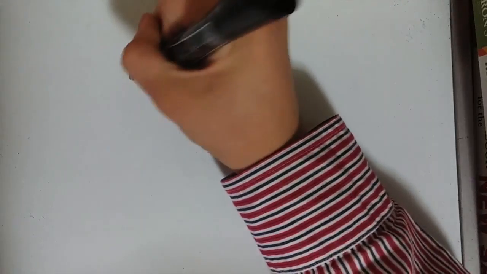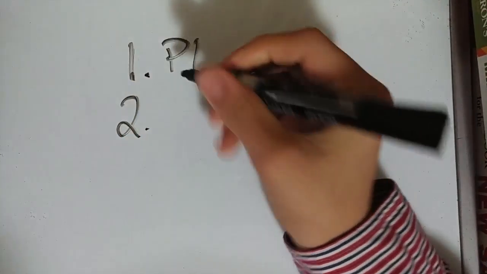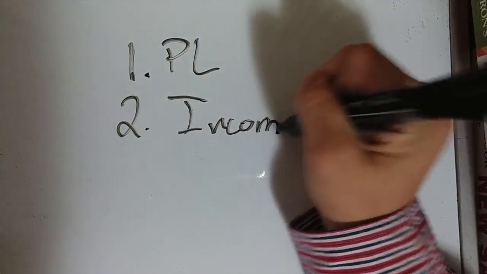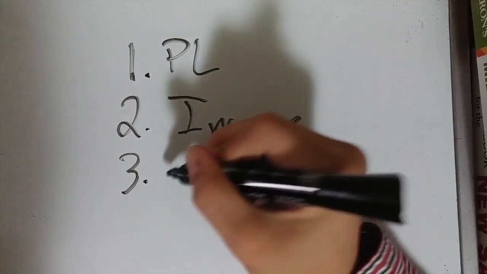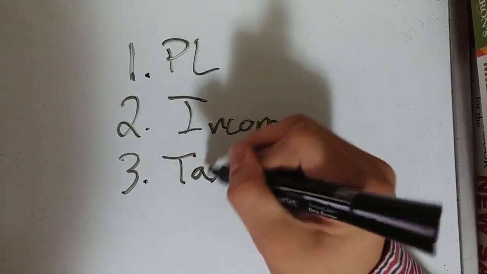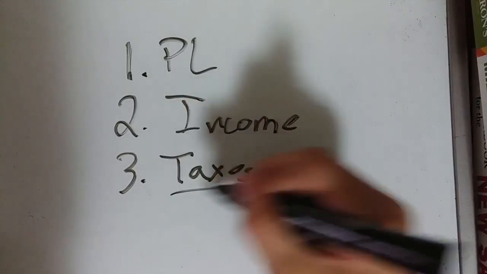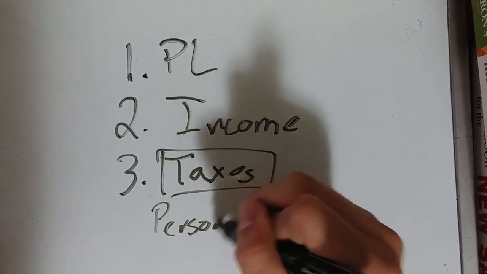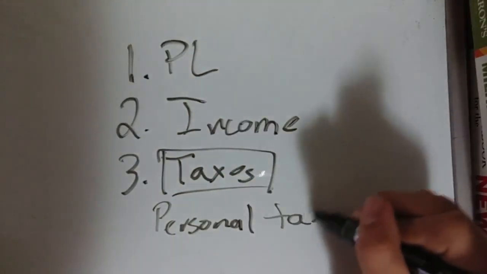One, change the price level. Two, change income, increase or decrease income. Or three, increase or decrease personal taxes. This is not just taxes in general, this is personal. I should write that. Personal taxes, okay?